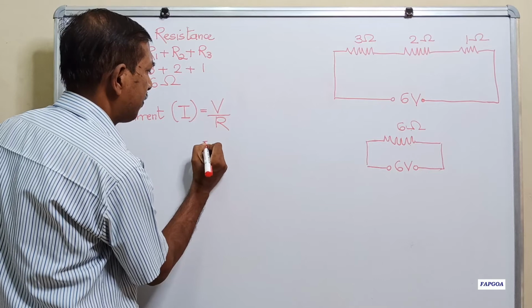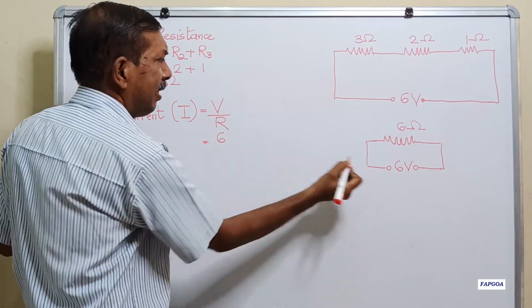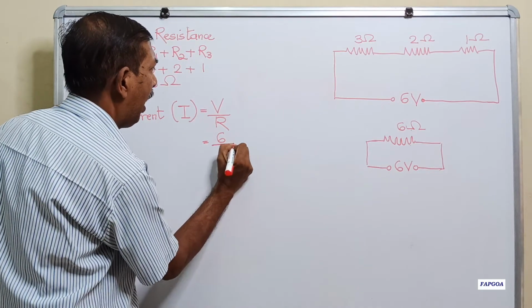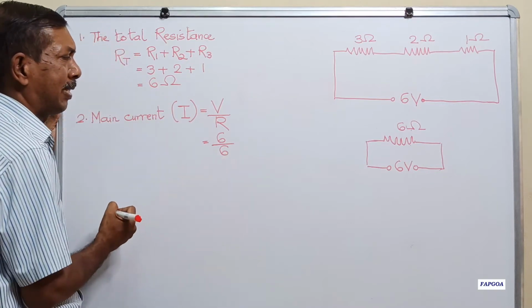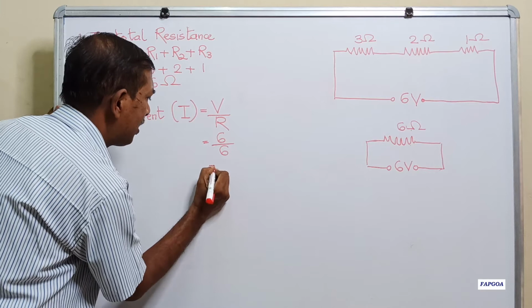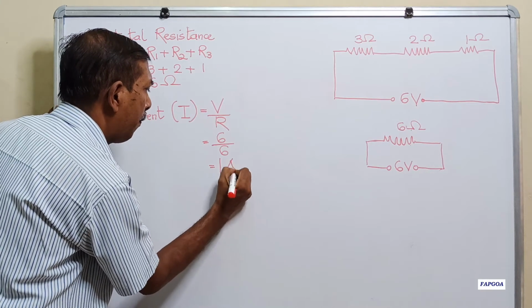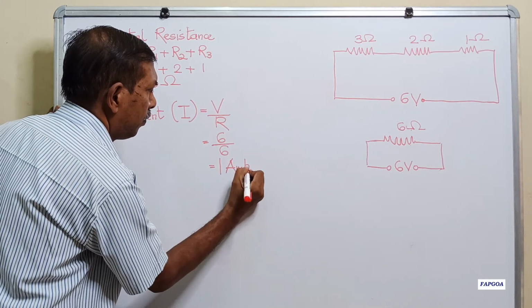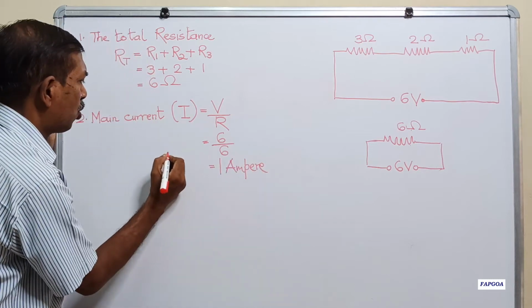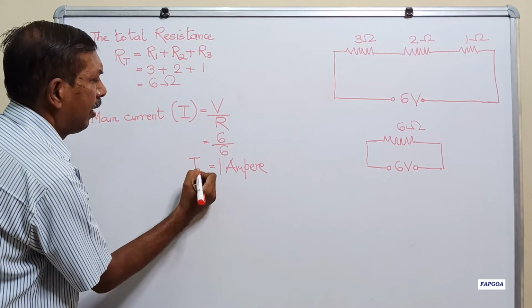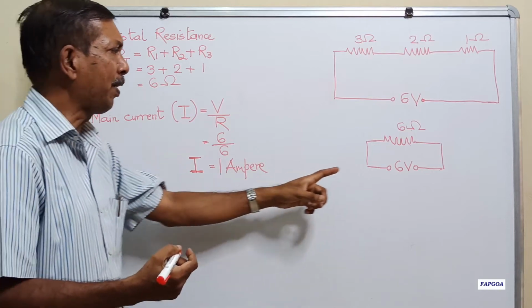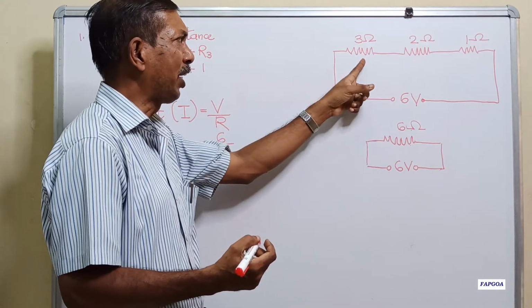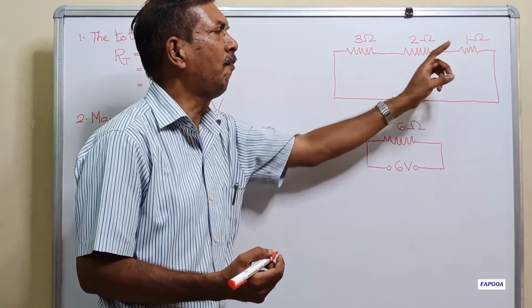Here the voltage is 6 volt and the total resistance is 6 ohms, so that is 1 ampere. So the current drawn is 1 ampere, and 1 ampere current flows through 3 ohm, 2 ohm and 1 ohm.